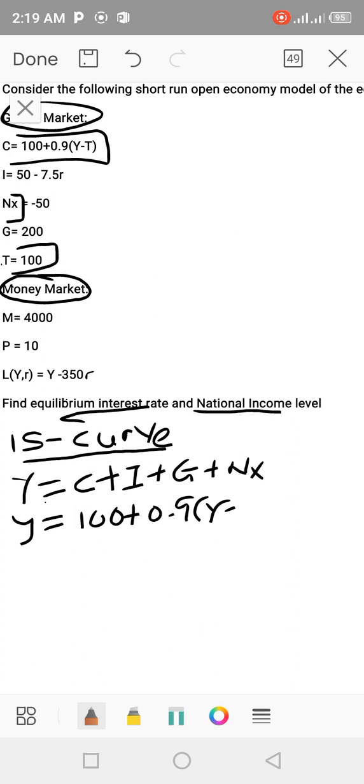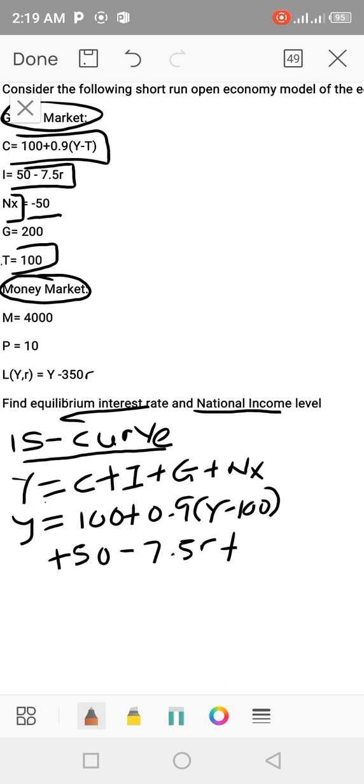That is our tax, which is 100, plus investment, which is 50 minus 7.5R, and plus G, which is government, and that is 200.